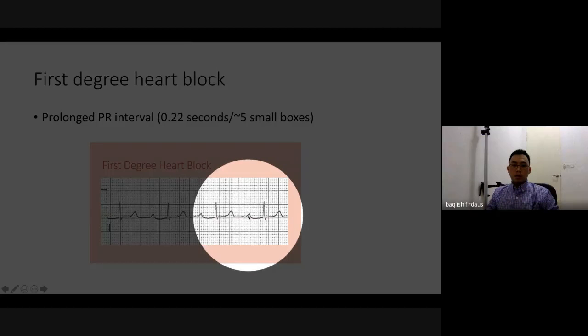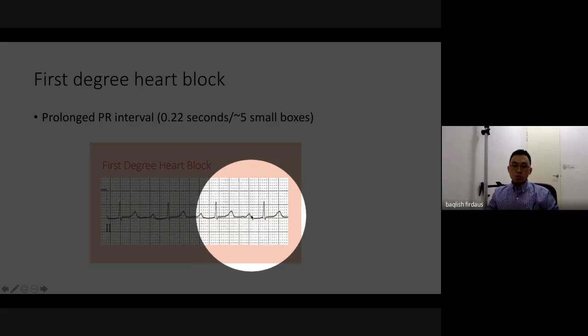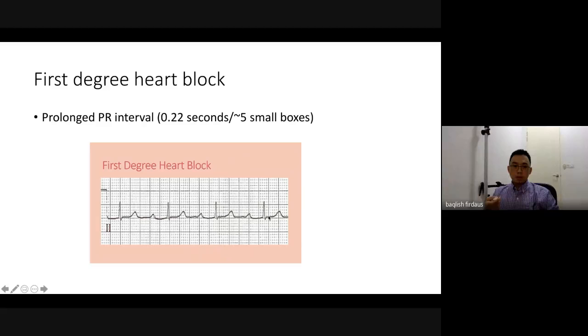The PR interval will be more than 1 big box, meaning 5 small boxes. Here the PR interval is 1, 2, 3, 4, 5, 6, 7, 8, almost 8, meaning the PR interval is prolonged. So you must diagnose the patient as first degree heart block.